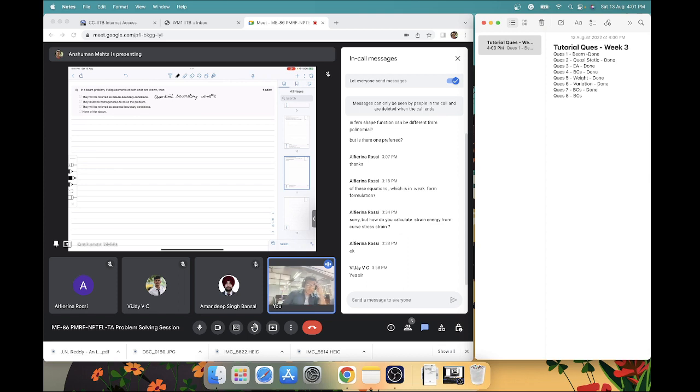They must be homogeneous to solve the problem. Is it? So they could be mixed also, so hence it could be non-homogeneous also. It is written must, so must is not there. It can be, it cannot. Now they will be referred to as essential boundary condition. Yes.